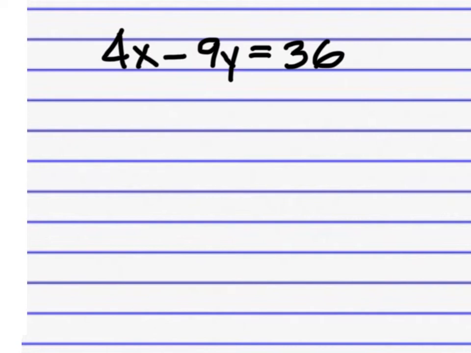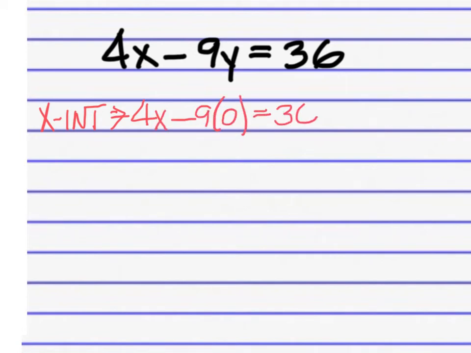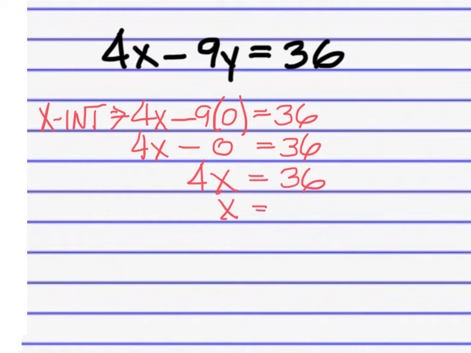The x-intercept. To get the x-intercept, we're going to have to plug a 0 into y. So 9 times 0 is 0. 4x minus 0 is just 4x. Divide the 36 by 4 and come up with a 9.